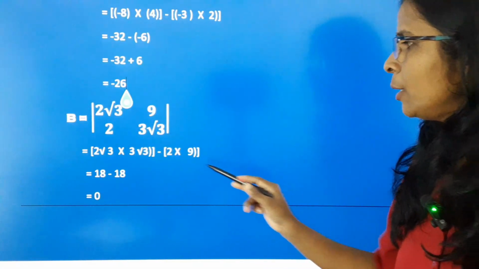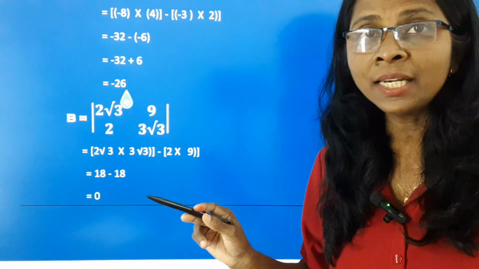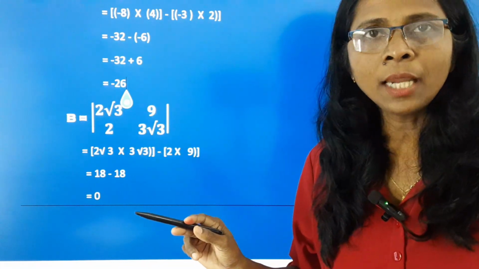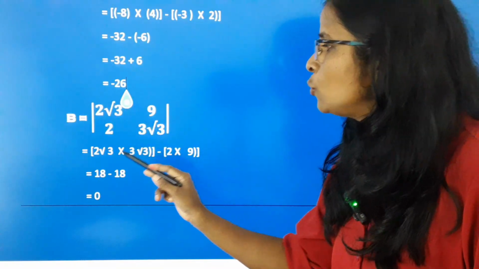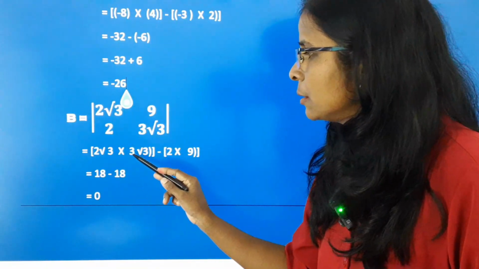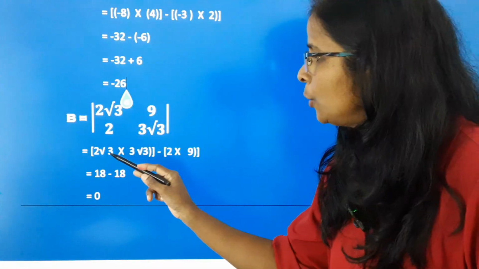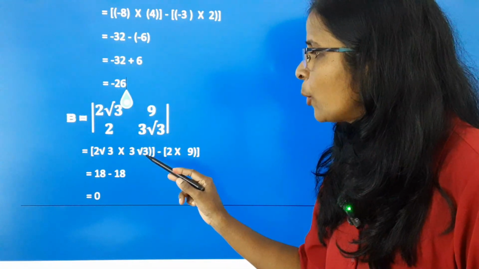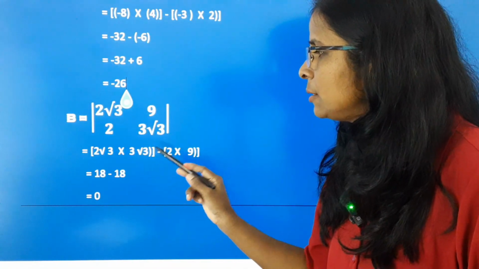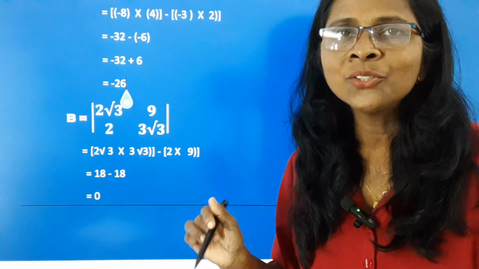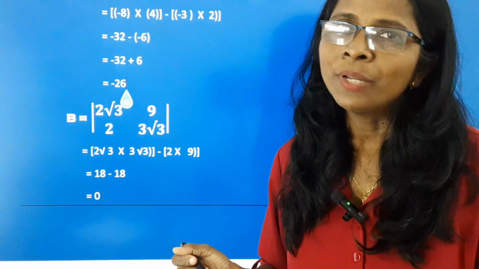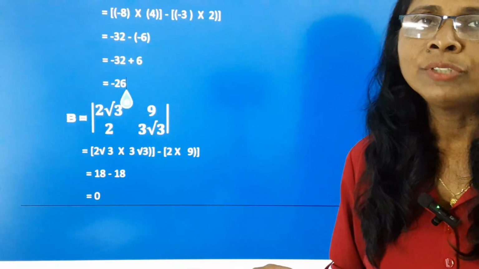Here 2 multiply 9 is very easy, that is 18. But what about this product? 2 3s are 6, and root 3 times root 3 is 3, so 6 3s are 18. So 18 minus 18 is 0. This way we can find the value of a determinant.